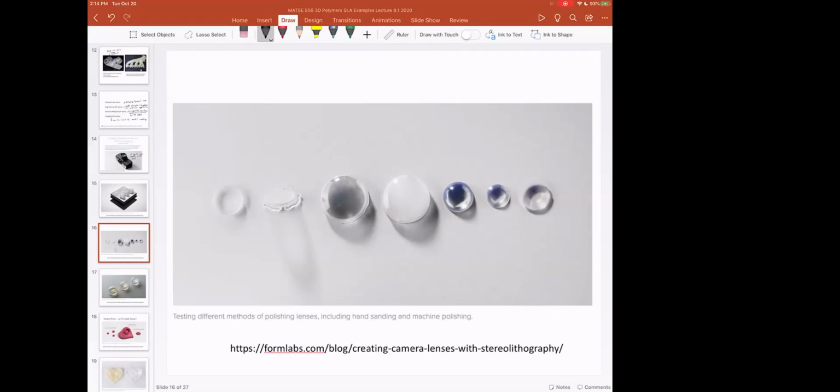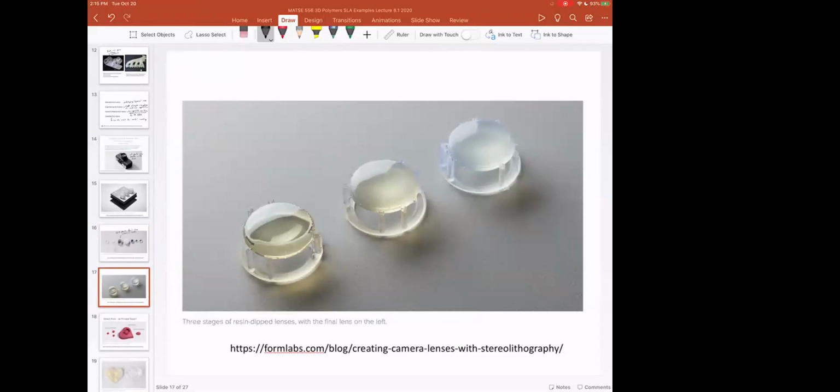But because SLA parts have good layer integration, SLA parts don't have internal voids, they can be polished, their surfaces can be manipulated, and you can get relatively clear parts depending on the exact resin composition and how well it was cured.